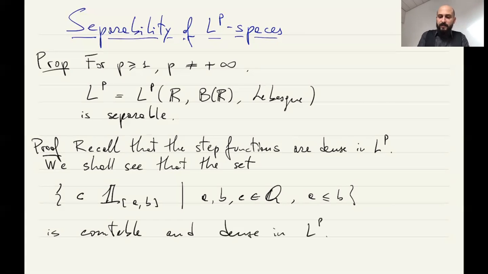The countability is clear because it's given by 3 rational parameters. Let's prove that it's dense.